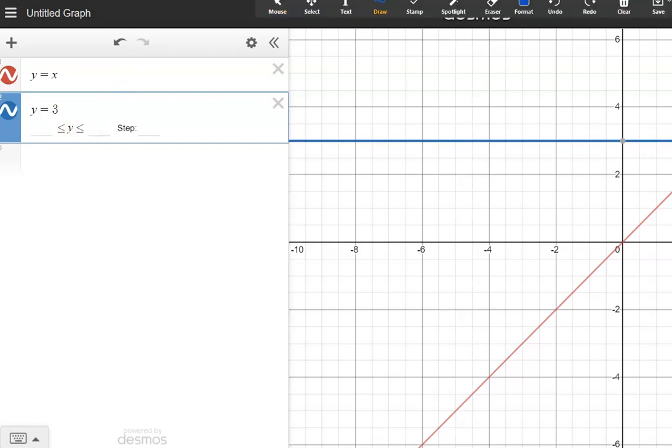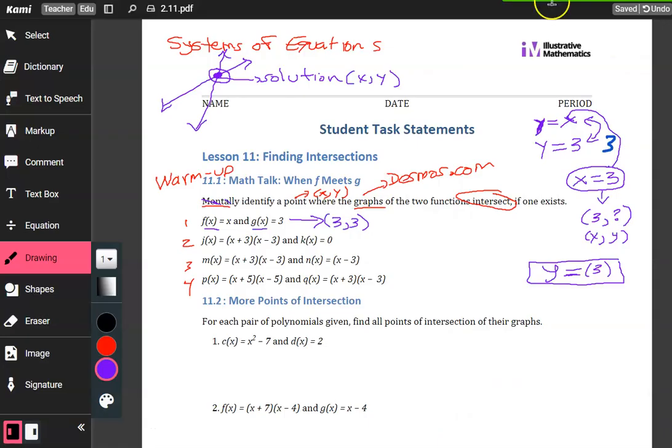And look at what's happening here. Both lines intersect at 3 and 3. So this point here is 3 comma 3. And that's what we came up with right here.